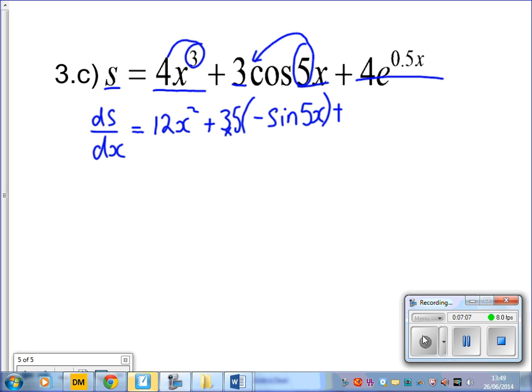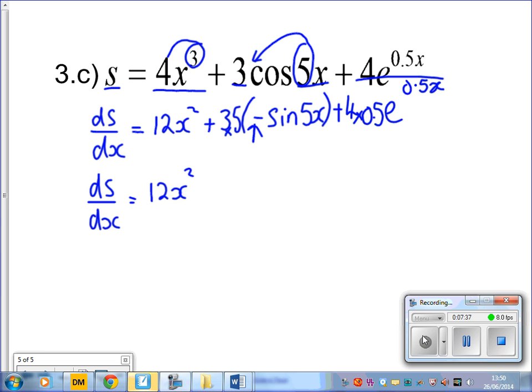Then our last term here, e to the 0.5x differentiates to e to the 0.5x, and the 0.5 also needs moving down to the front, so we're going to have 4 times 0.5. If I tidy that up, ds/dx equals 12x squared.